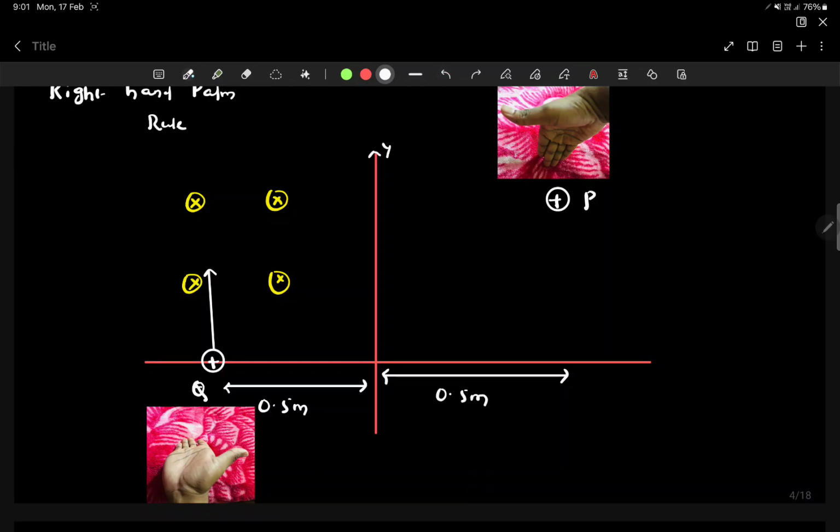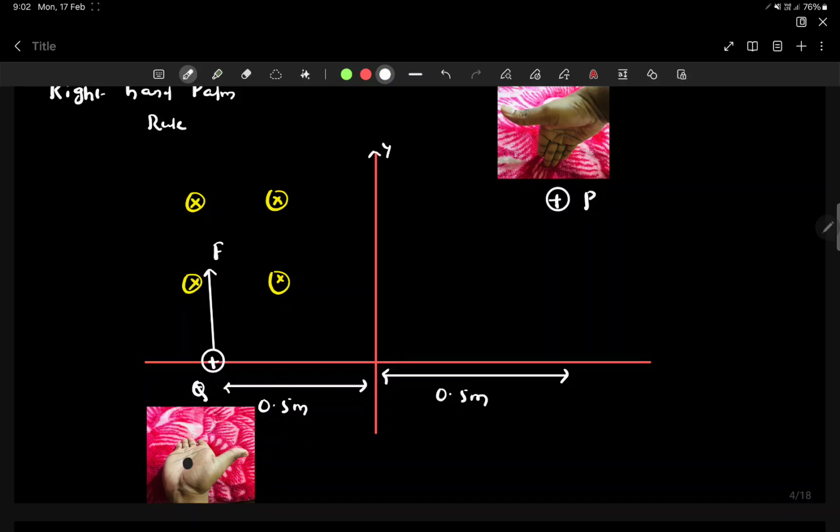This black point is your palm, and the palm is facing towards this direction. So this is the direction of the magnetic force experienced by the charged particle due to the presence of the magnetic field.